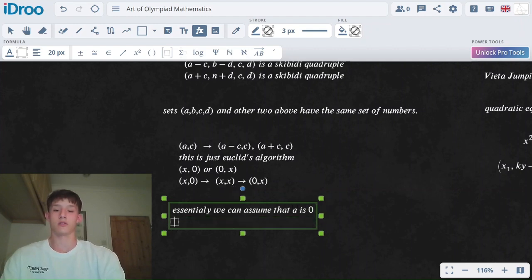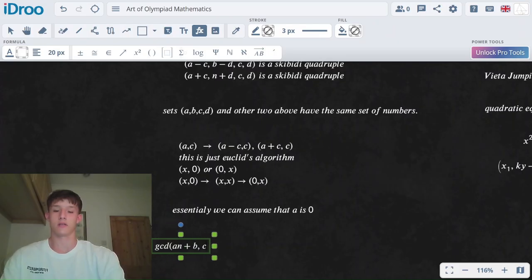That's good because now the GCD of N plus B, C, N plus D is the same as the GCD of B and C, N plus D.